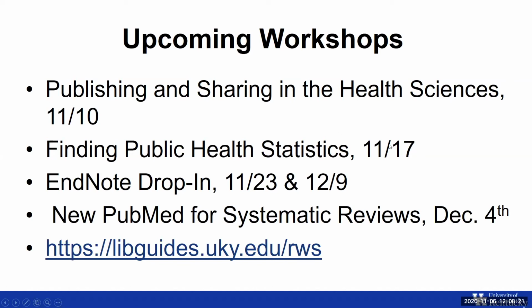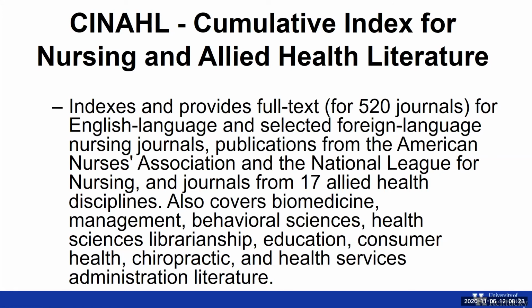Okay, so CINAHL. This is just kind of a refresher for those of you that don't know. CINAHL is the Cumulative Index for Nursing and Allied Health Literature. I know that this slide is full of text, but I will be providing the slides for you, and I want you to have this information.